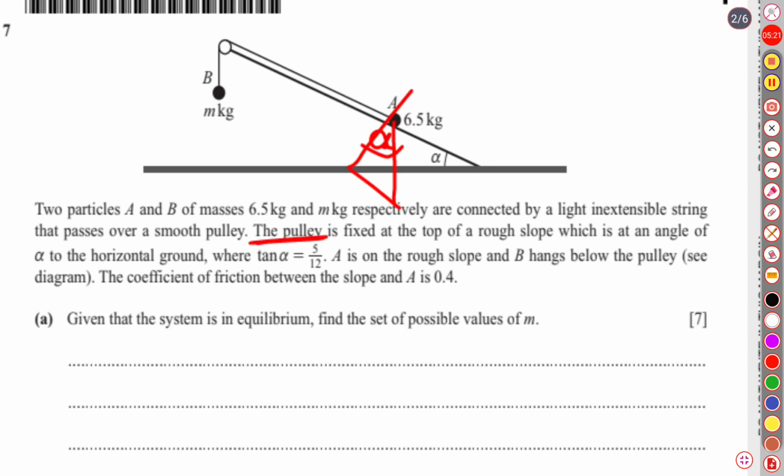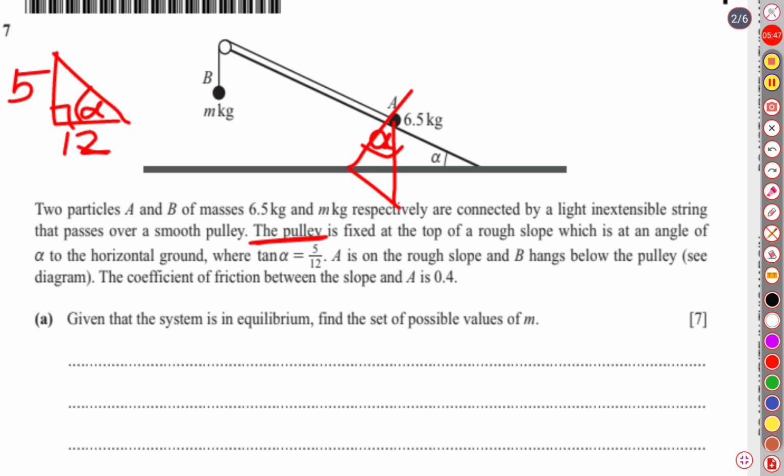Okay, so for tan alpha we should know that this is the diagram. And we know that tan alpha is equal to opposite over adjacent. So opposite is 5 and adjacent is 12. So what will be our hypotenuse?